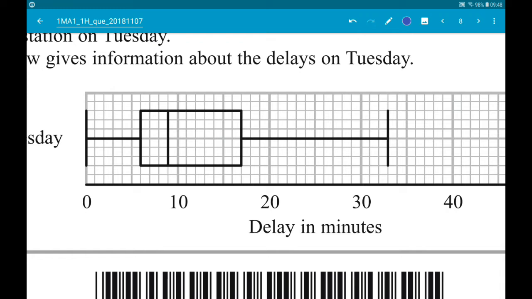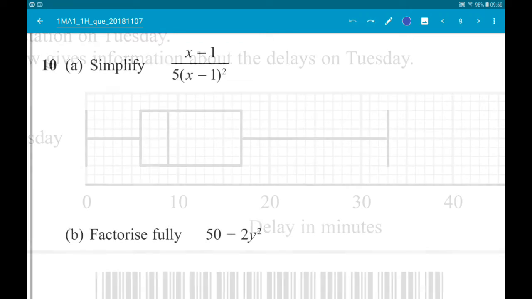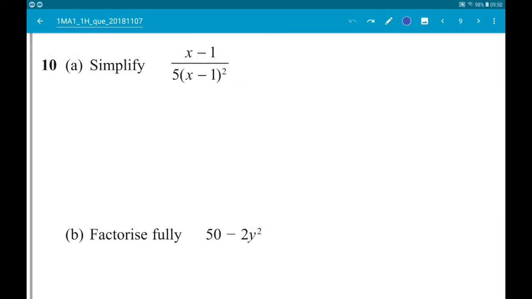So there doesn't have to be any delays on the line connecting the box with the whisker. So she's wrong.